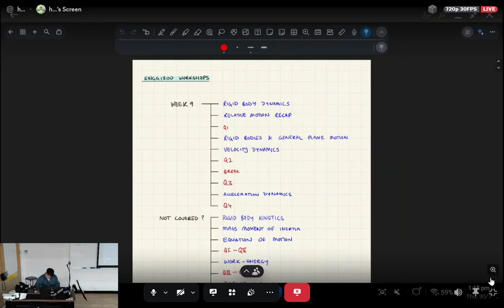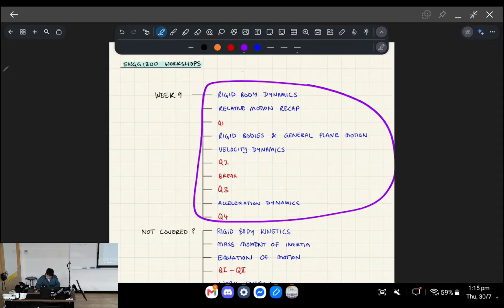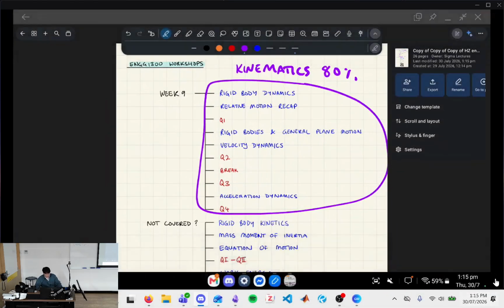So with that in mind, how I've organized my notes is I'm going to focus on the rigid body kinematics, right? And during your studies, you should focus on kinematics. So between this week's content, focus on this 80% as you're studying. The majority of what you're studying for this week's content should be for rigid body kinematics.